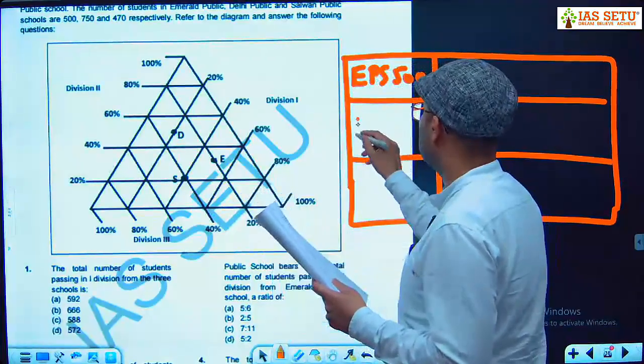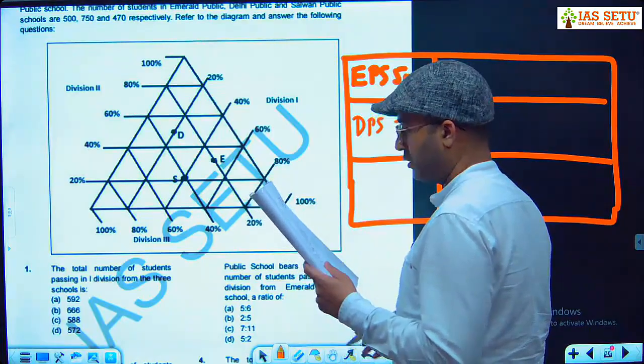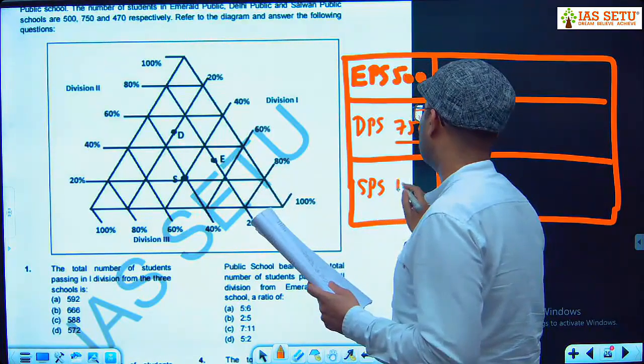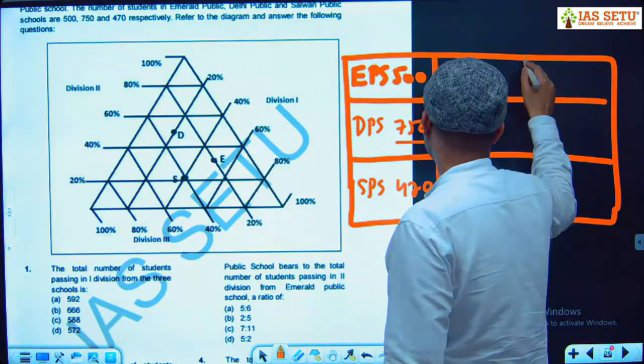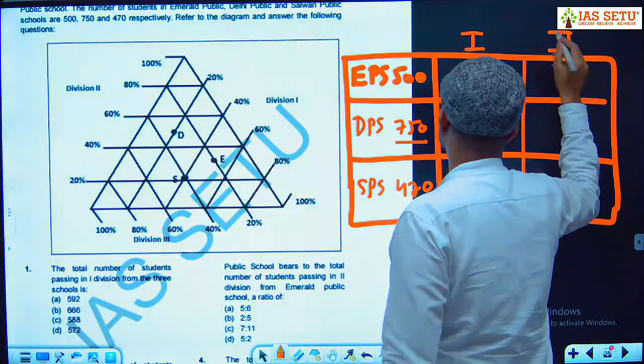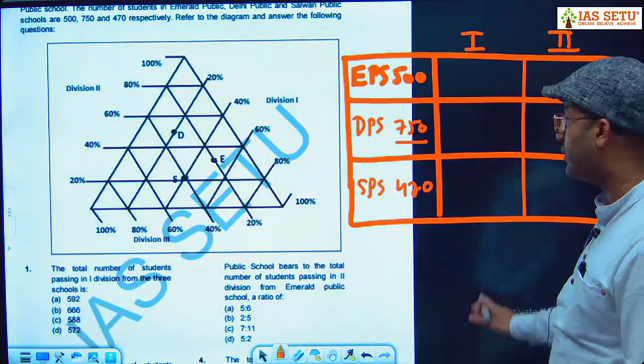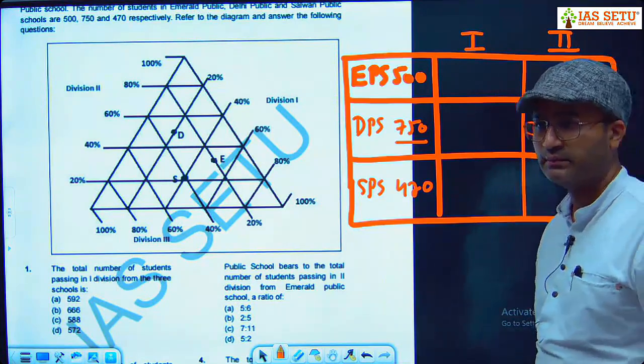Delhi Public School total students 750. Salwan Public School total students 470. Here it is first division, it is second division. I take first division, second division because there is no question on third division.